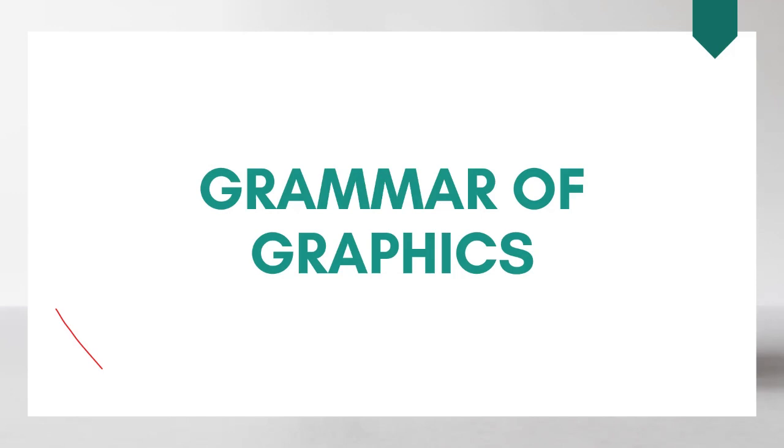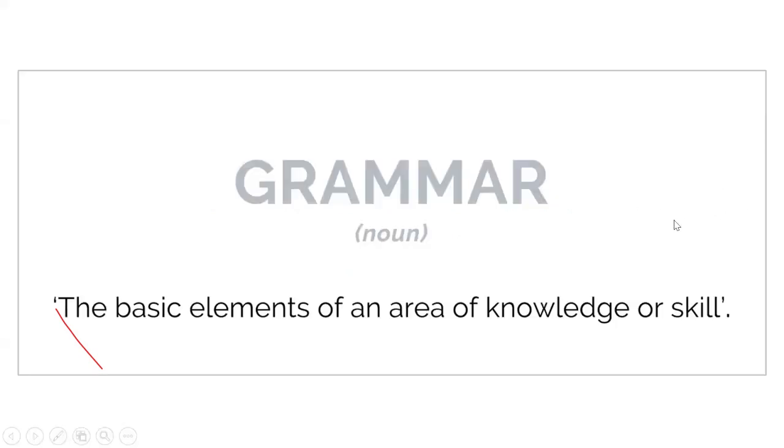But let's take a few moments to reflect on grammar of graphics. And this is really just about structure, about rules, more than anything. Grammar is the basic elements of an area of knowledge or a skill. It's like scaffolding or structures that we use.